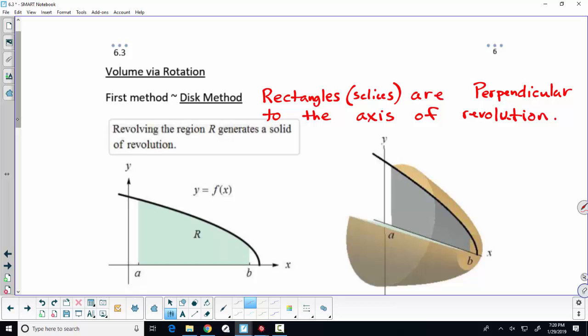So, for instance, we're taking this region here and we're going to revolve it around the x-axis.